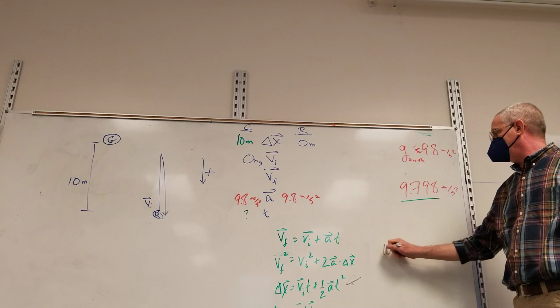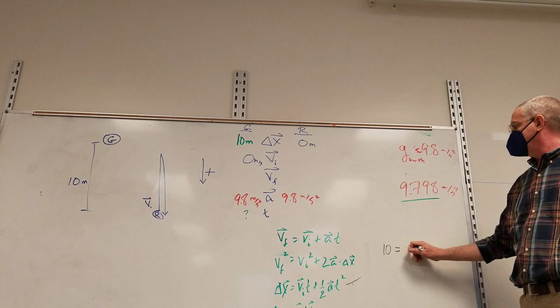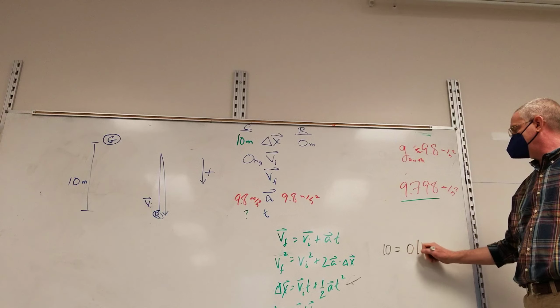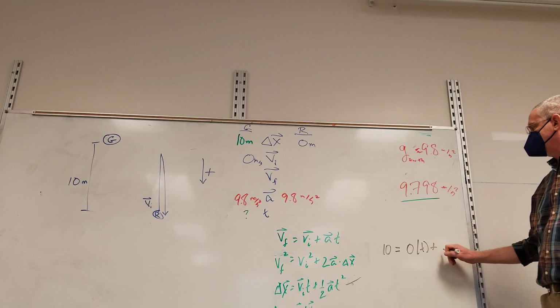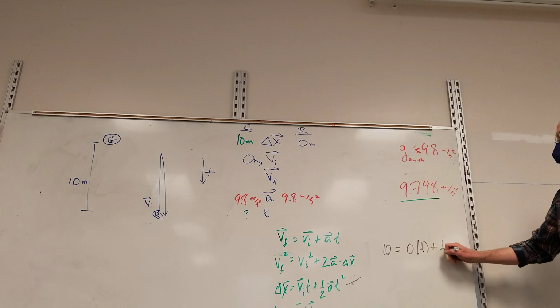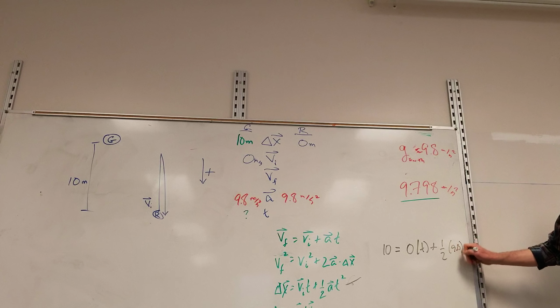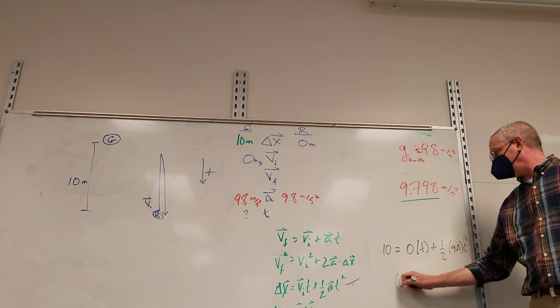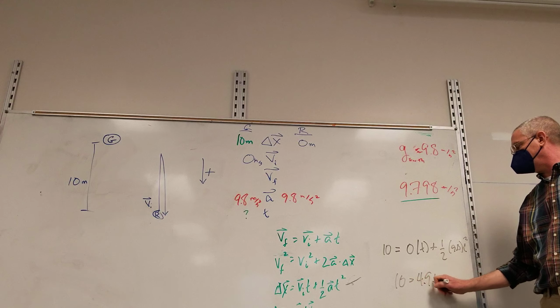So I have 10 is equal to 0 times time plus 1/2 times 9.8 times t squared. In other words, 10 is equal to 4.9 t squared.